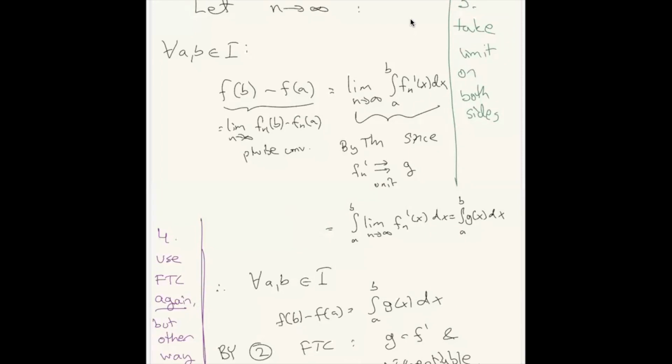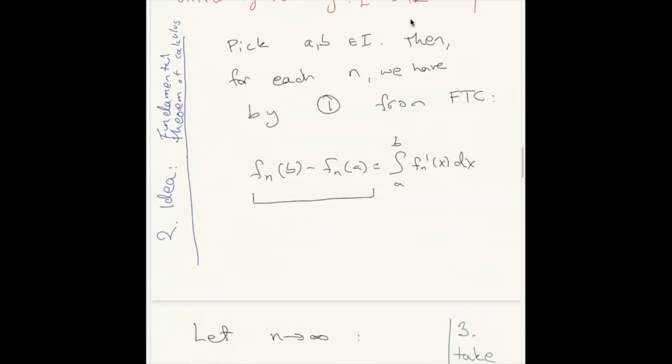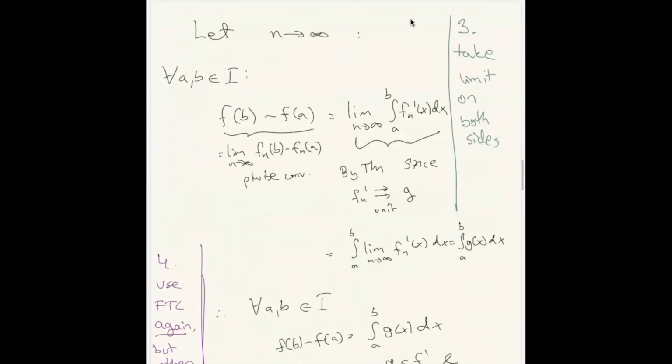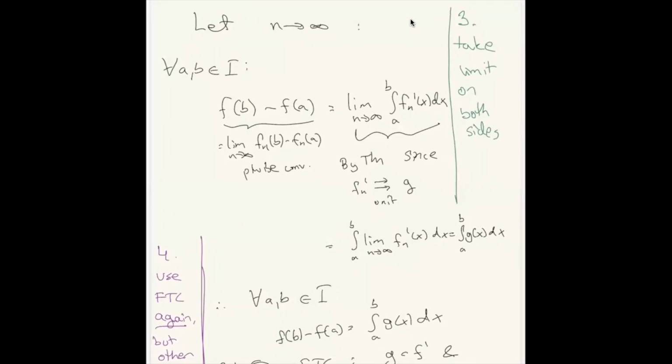And we're done. So the crucial thing here is going via the integrals, and we use FTC twice. First this way, to express it as an integral of the derivative, and then we take the limit and we use it the other way: if you have such a function, then that has to be the derivative. Any questions?